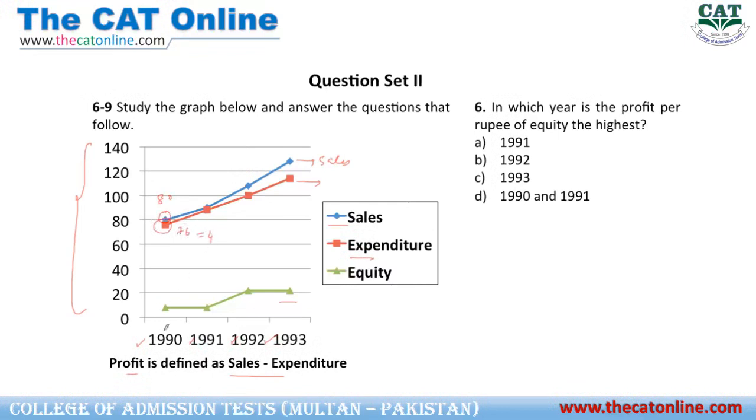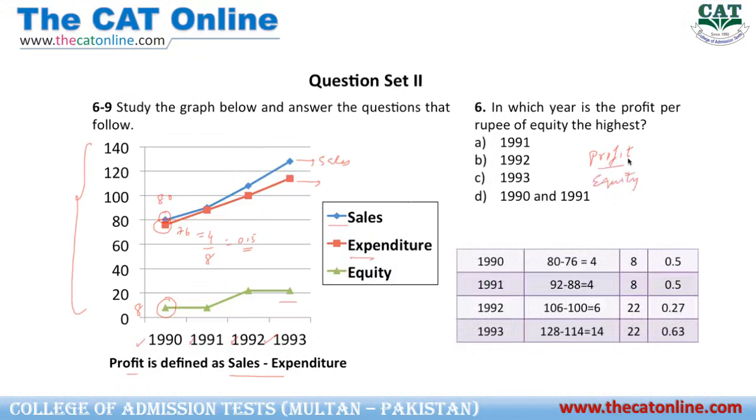When I divide this 4 by this equity in the first year, which is nearly 8, so 4 by 8 gives me a ratio of 0.5. So in which year is this ratio the highest? So per rupee of equity means that I have to find out in which year profit divided by equity has the highest ratio. So we'll calculate.